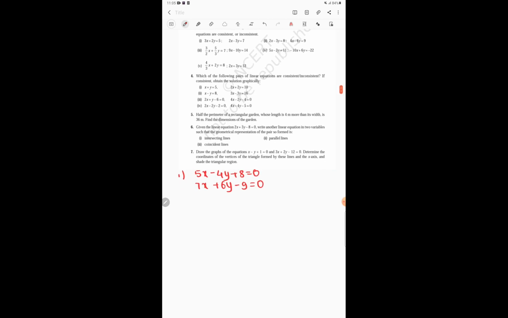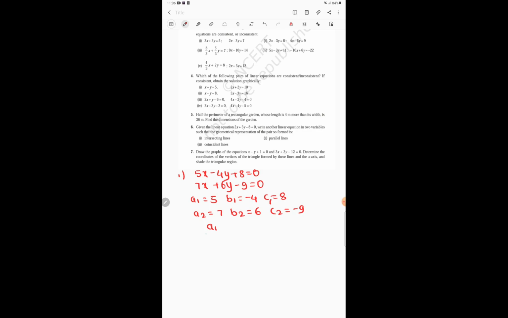I already told you the first equation always gives three values: A1 is 5, B1 is minus 4, C1 is 8. The second equation gives A2, B2, C2. So A2 is 7, B2 is 6, C2 is minus 9.